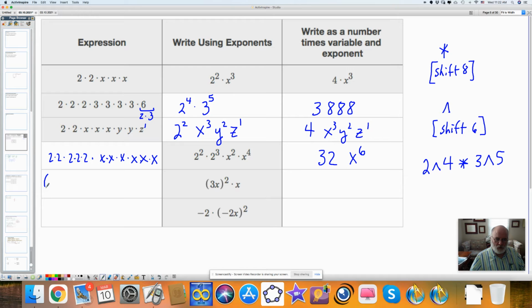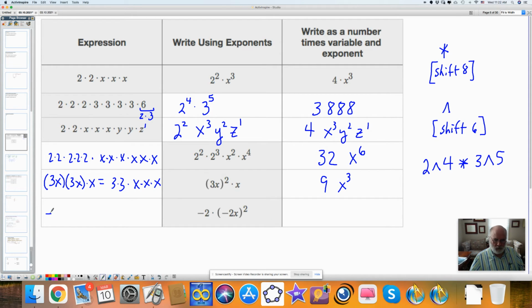This one, you could start it off by saying this is 3x, and we're going to multiply it by itself 2 times. 3x times 3x times x. But I want to put all of the numbers together, so I have 3 times 3, and all of the x's together, x times x times x. So I have 9x cubed.